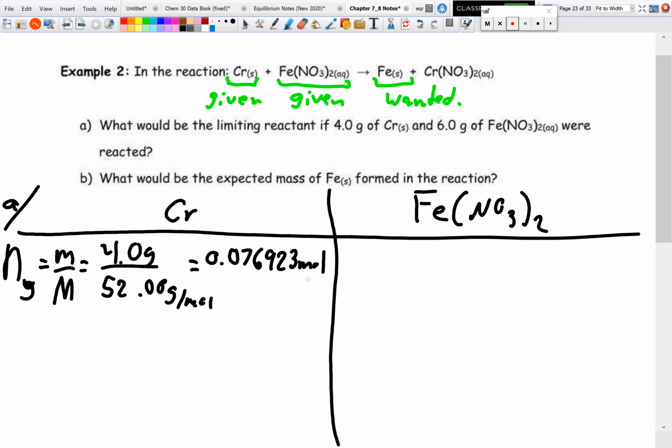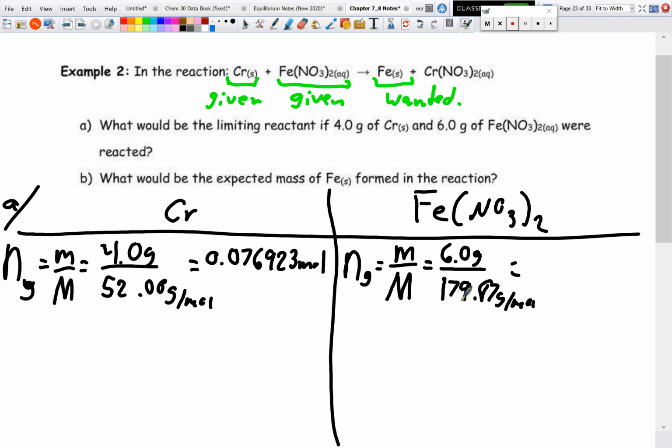Now our iron(II) nitrate, same thing because we were given our mass. We do our formula mass over molar mass. In this case it's 6.0 grams divided by the molar mass of iron(II) nitrate. We've got 1 iron, 2 nitrogens, 6 oxygens. So we add all those together and we get 179.87 grams per mole.